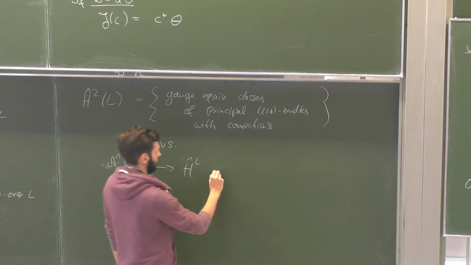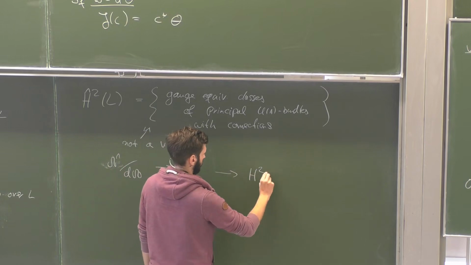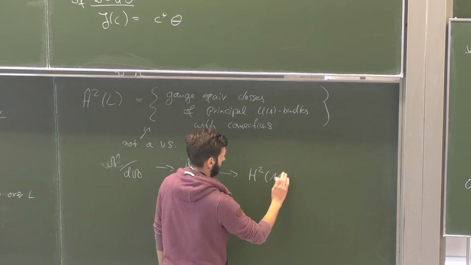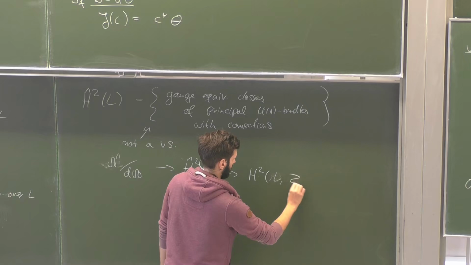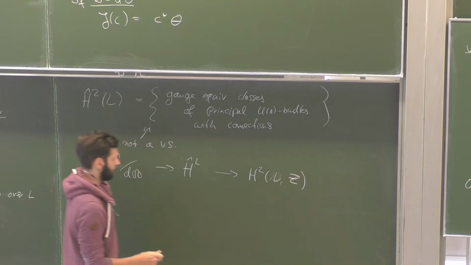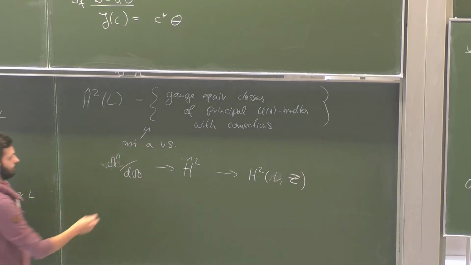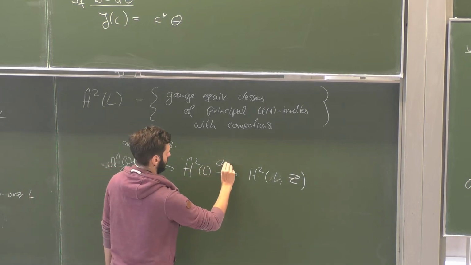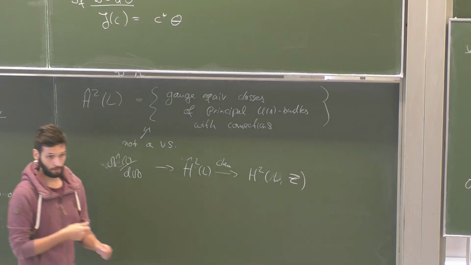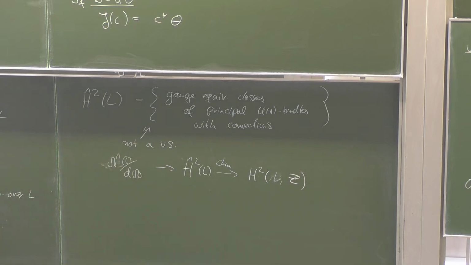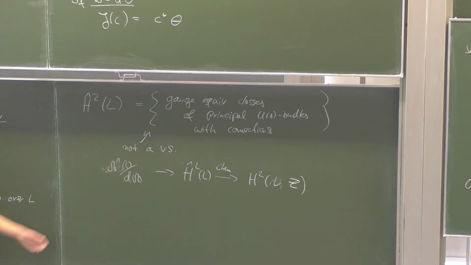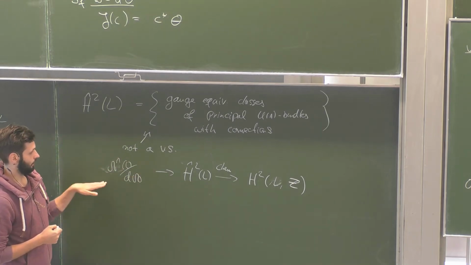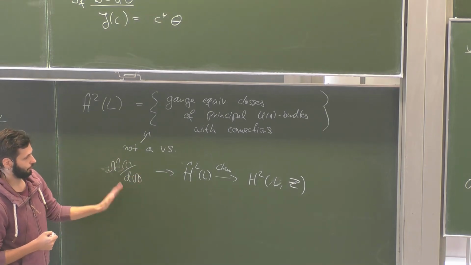And then we have the Chern class. This one is the Chern class that classifies your bundle up to gauge transformations, and then the rest are things on a trivial bundle that I can choose.